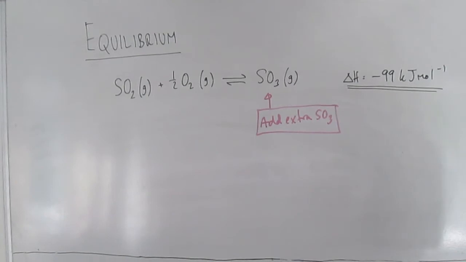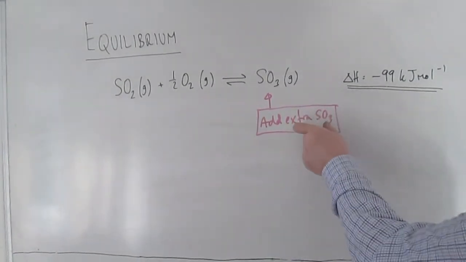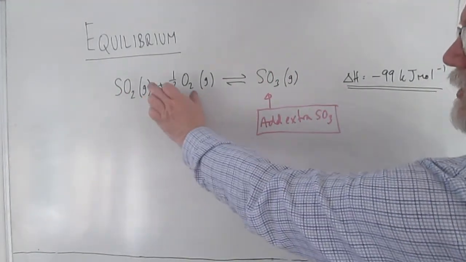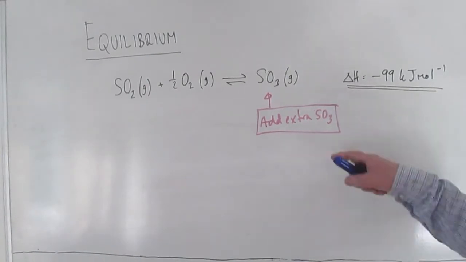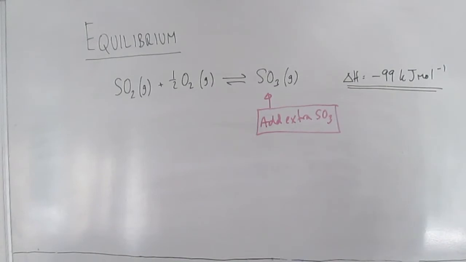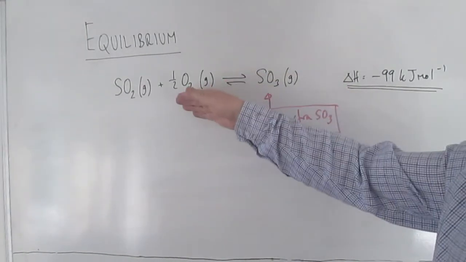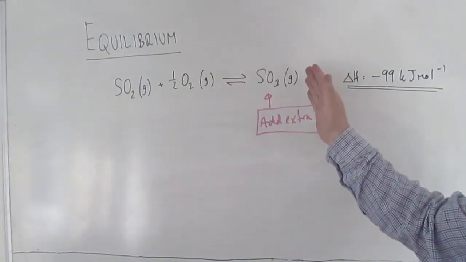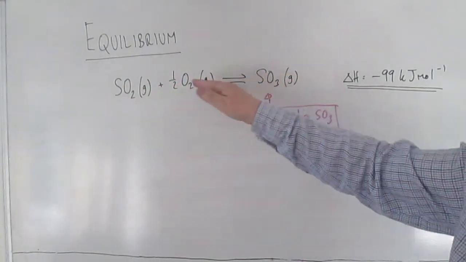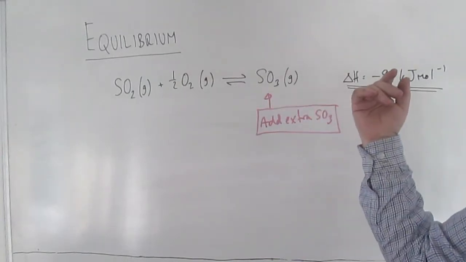Well, we could try and think about that at a deep level and think about the rates of the forward and back reaction. And you can see that adding more of this doesn't change the rate of the forward reaction, because that depends on the concentrations of those. We haven't changed that. But it will increase the rate of the back reaction because you've got a higher concentration of that. And if you increase the rate of the back reaction, but not the forward one, it means you're going to make more of this, right? Because the back reaction is then happening faster than the forward one.